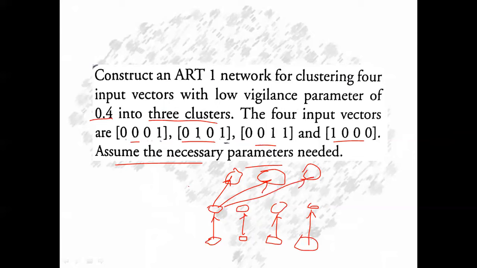Bottom up means B of ij, and in the same way the output clusters are also connected using downward weights or your top down weights, and those weights are named as your T. So these are your T edges, T of ij. Plus there will be a reset layer named as R.